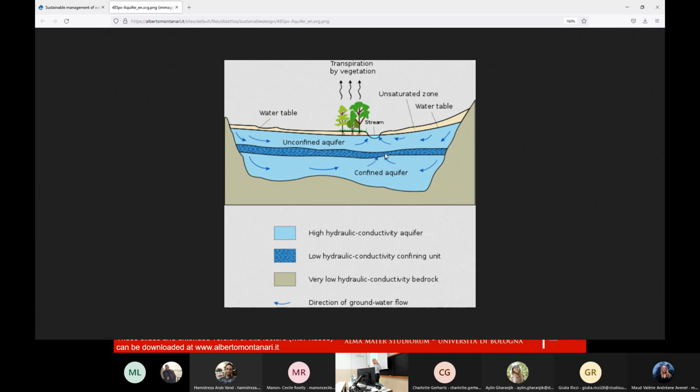If the water pressure increases, the water table goes up, typically through infiltration through the permeable soil. The fact that the aquifer is unconfined means that at the water table the pressure is atmospheric pressure. It's a free water surface. It's in the soil, but still it's free.